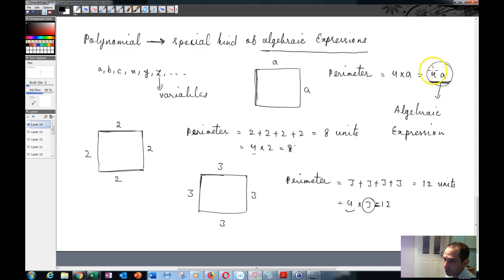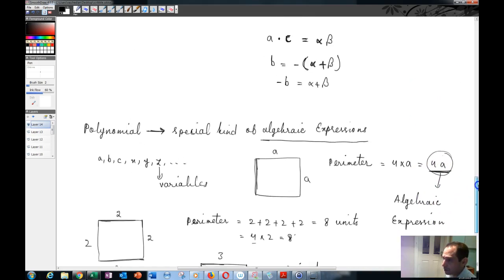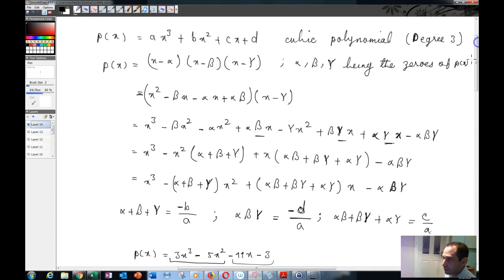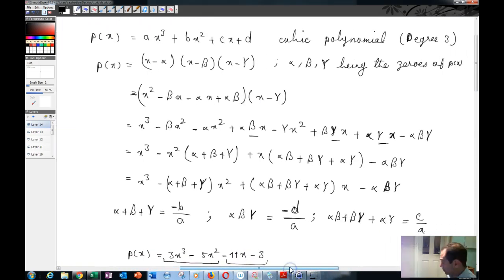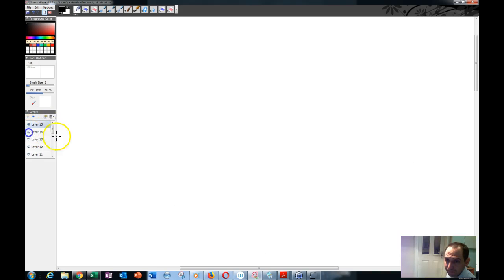For example, you can have an algebraic expression in this way, or in this way, or you can have, for example, an algebraic expression in this way.